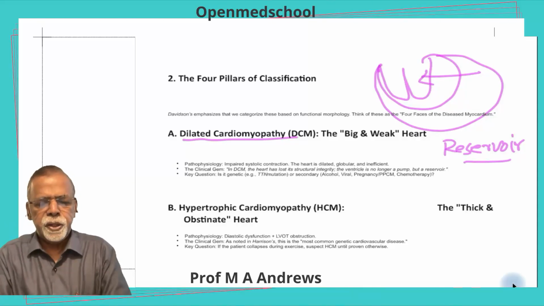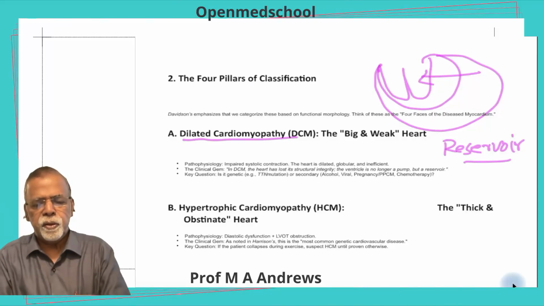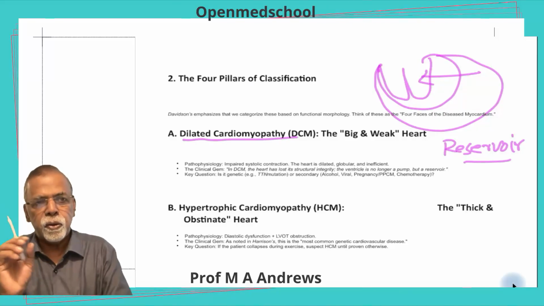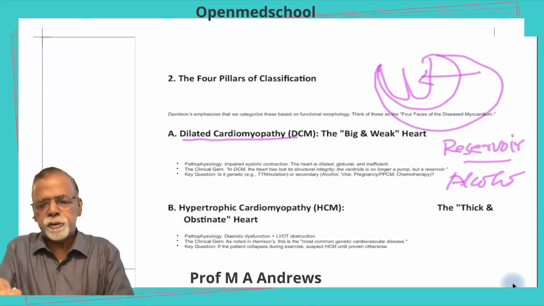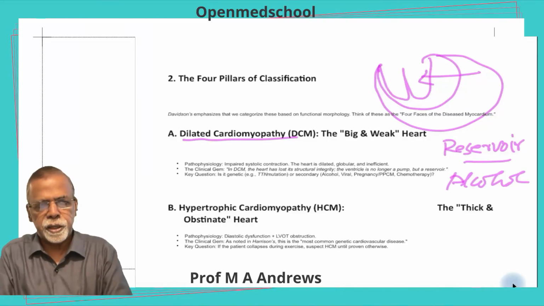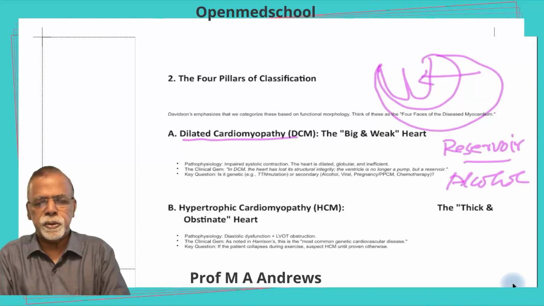So the key point is there are 2 types of dilated cardiomyopathy. One due to known causes. For example, alcohol can produce it, other toxins, chemotherapeutic drugs, arrhythmias, viral myocarditis, all these can lead on to it.